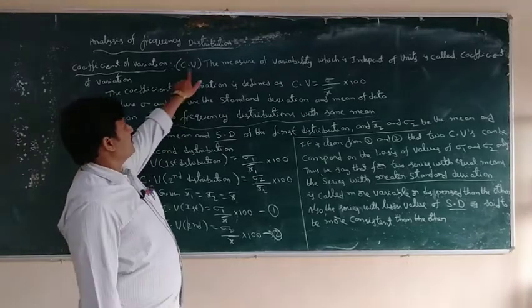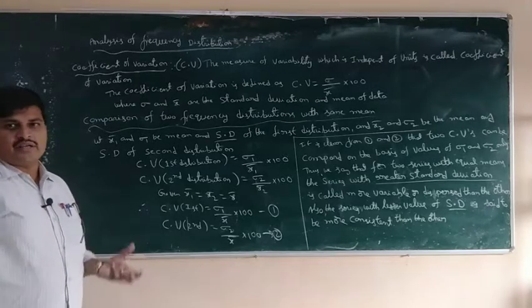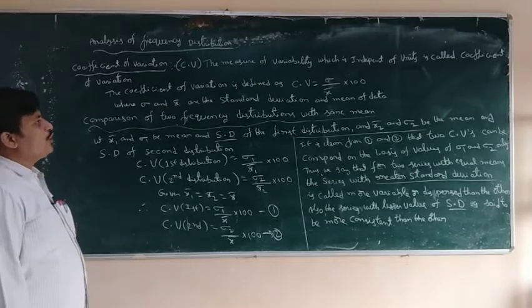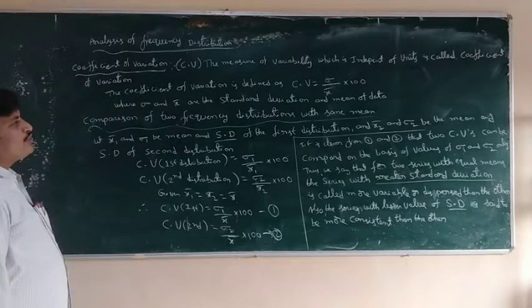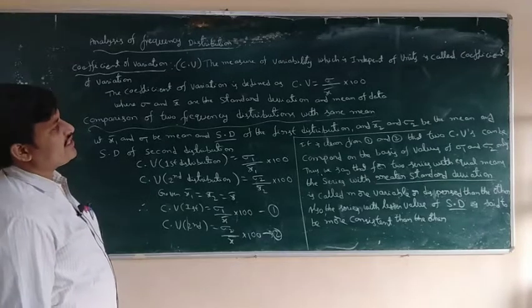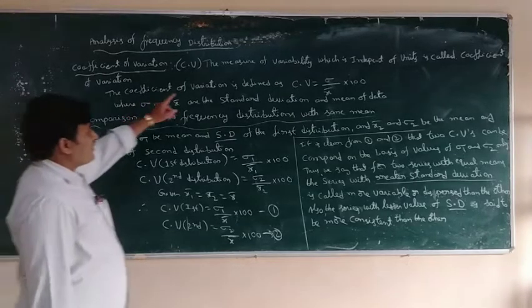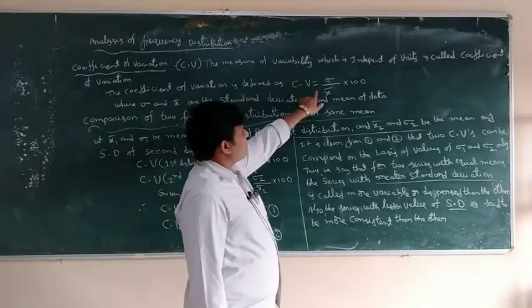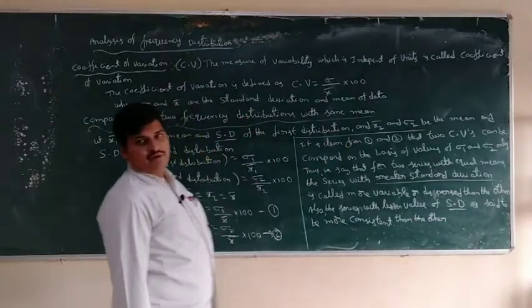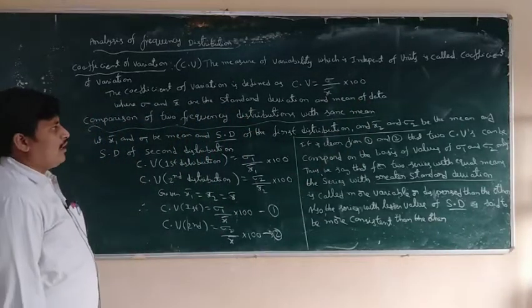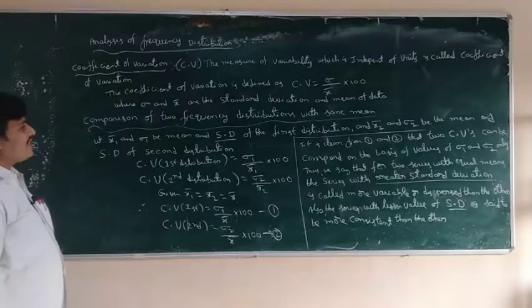The measure of variability which is independent of units is called coefficient of variation. The coefficient of variation is defined as CV is equal to standard deviation by mean into 100, sigma by x bar into 100, where sigma and x bar are the standard deviation and mean.